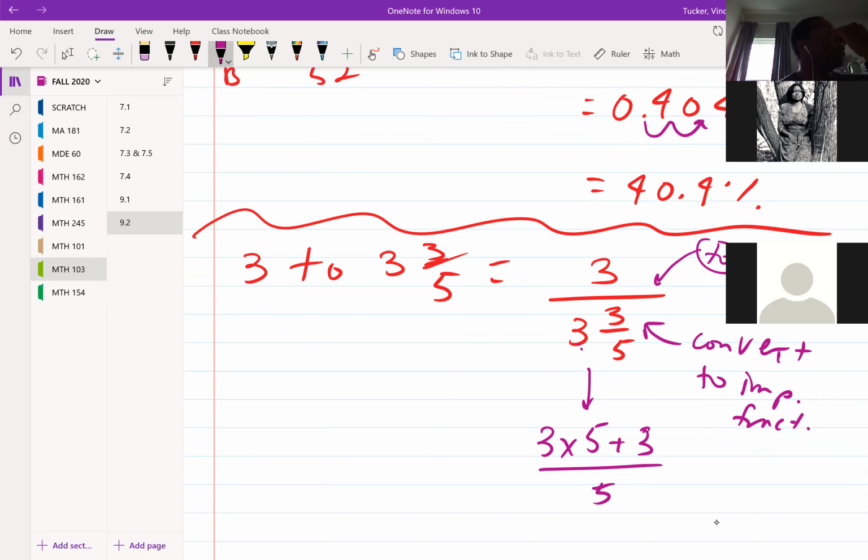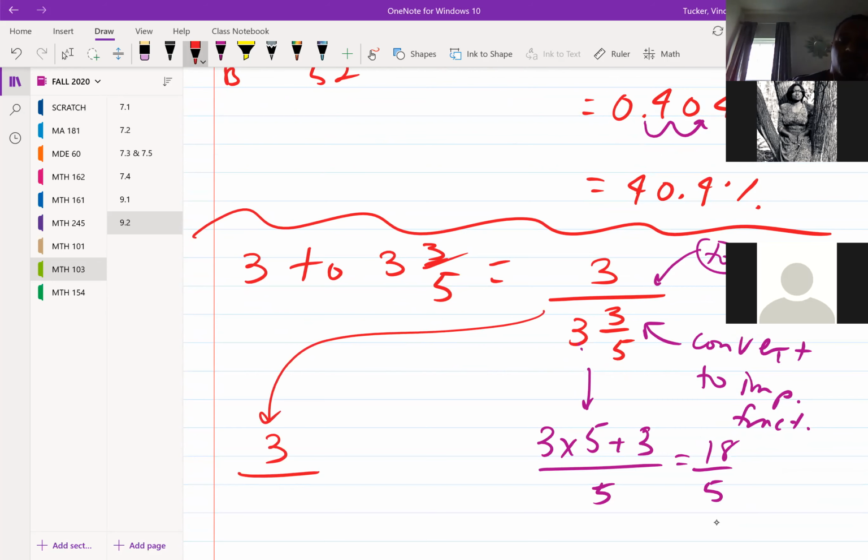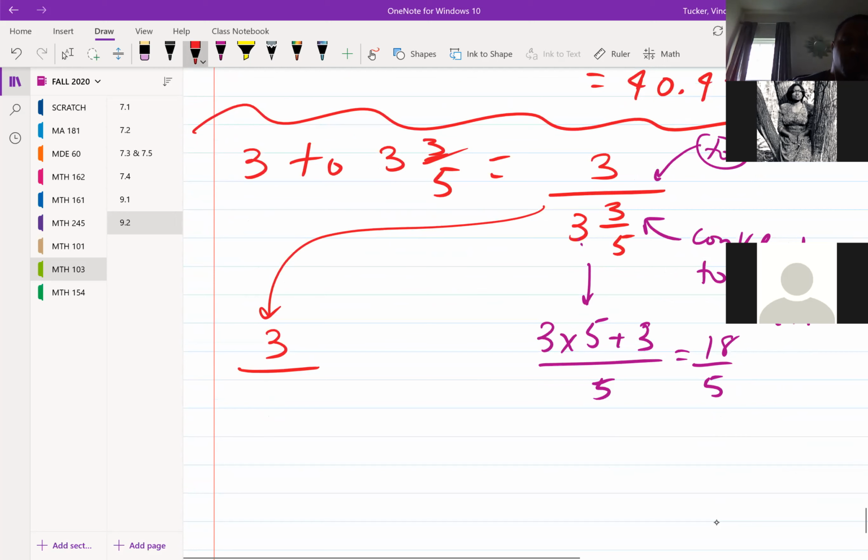So 3 times 5 plus 3. 3 times 5 is 15, plus 3 is 18 over 5. So that's 3 over 18 over 5.